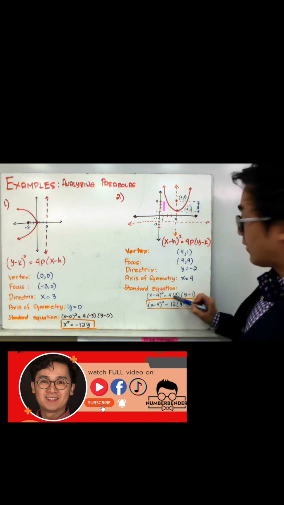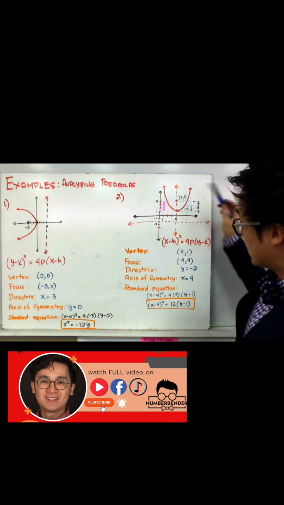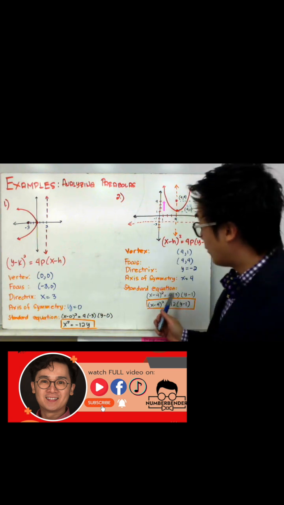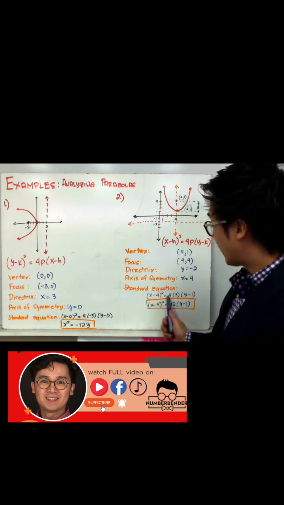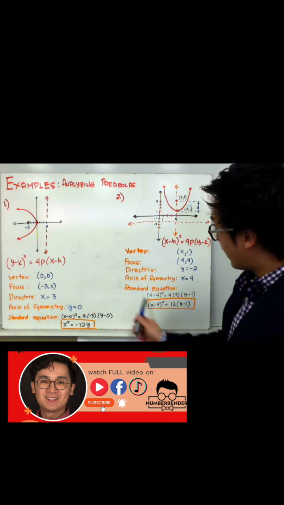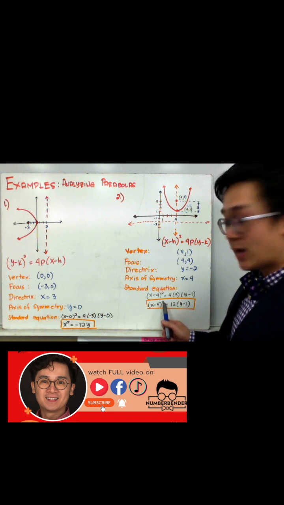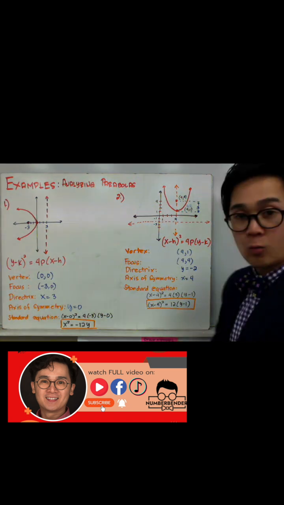Therefore, the p-value is positive 3 because it's opening upwards. So the standard equation of our parabola will be (x minus 4) squared equal to 4 times 3 times (y minus 1). To simplify, it will give us (x minus 4) raised to the second power equal to 12 times (y minus 1).